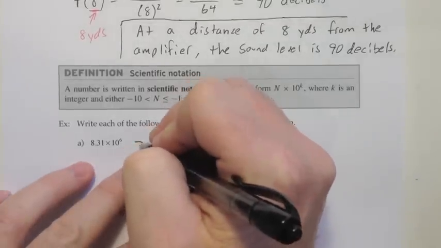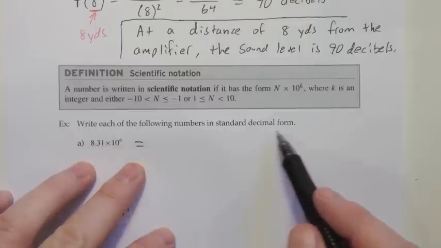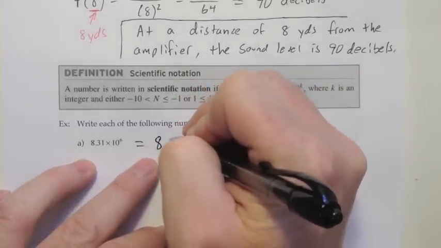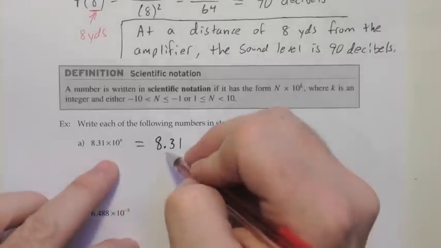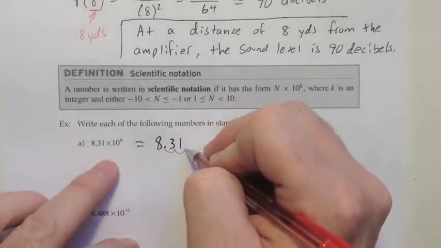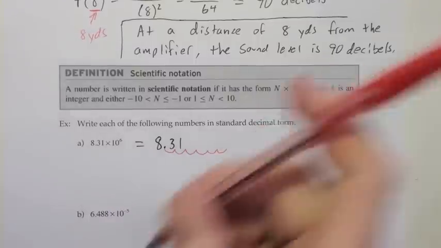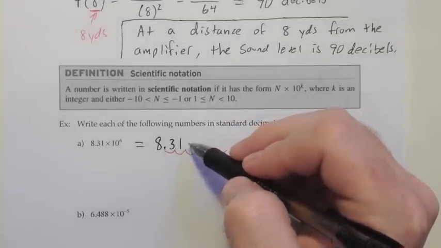So if I work this out and think, what does this number really mean? And that is our directions here. Write each of the numbers in standard decimal form. Then I take that 8.31 and I move its decimal to the right 6 places, because I multiply by 10 once, it moves. I multiply by 10 again, it moves. And I do that 3, 4, 5, 6 times. So the first couple times I multiply, it just moves it past the 3 and the 1.